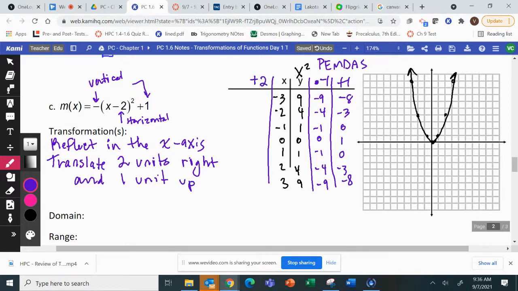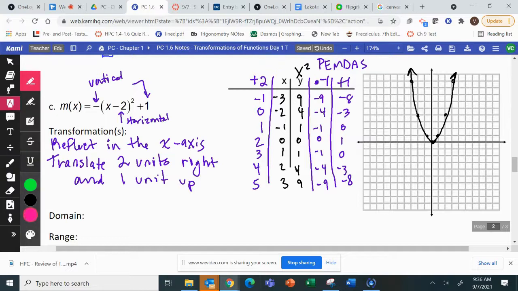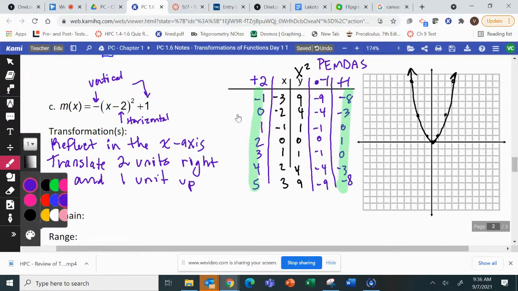It's the opposite of what's in the equation. And I do that to all the x values because it's horizontal. And then the ones that I graph are the very final x, y's that I translated. Those are the ordered pairs that I graph.